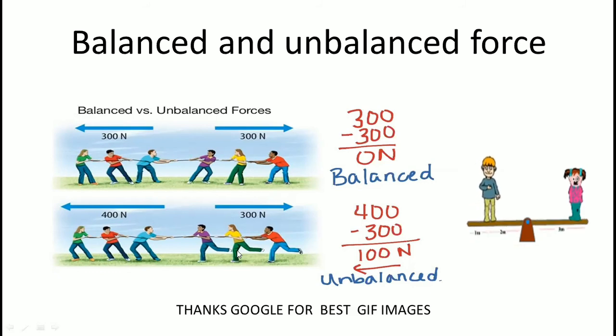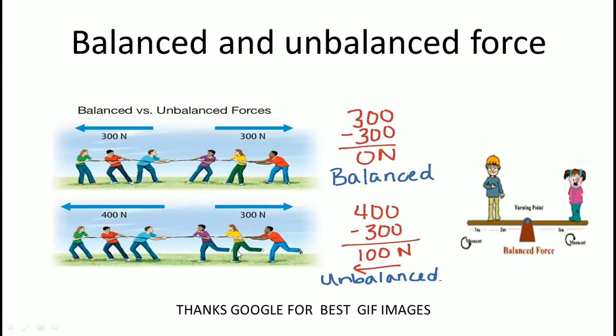If the pull of the force is equal on both sides, the rope does not move. If the force is greater on one side, the rope moves in the direction of the higher force. This means initially the two forces are balanced, and the rope moves in the direction of the higher force when the force becomes unbalanced. Those are the balanced and unbalanced forces.